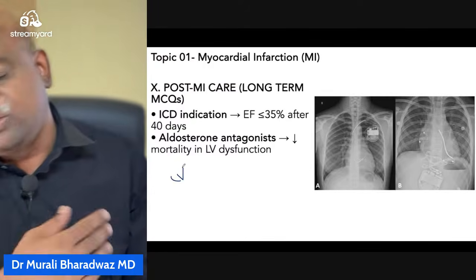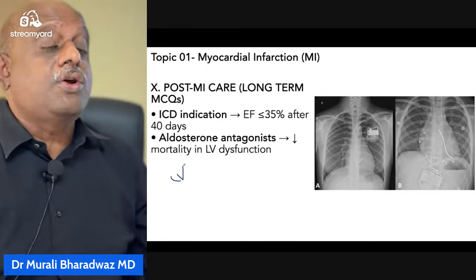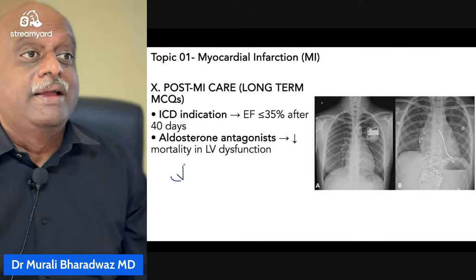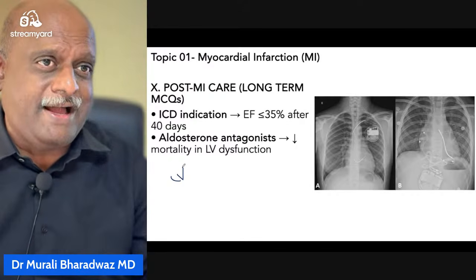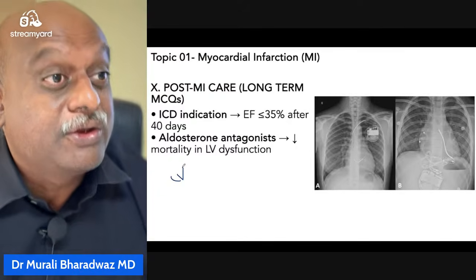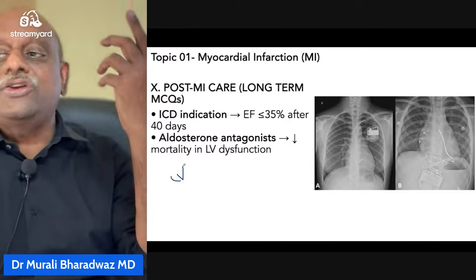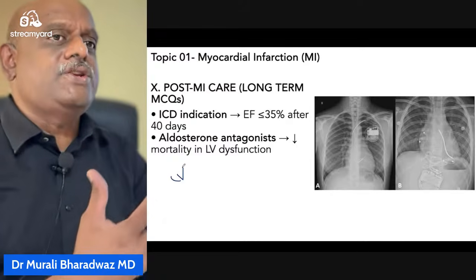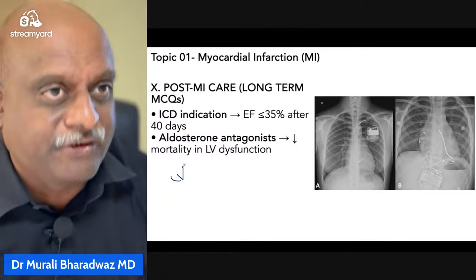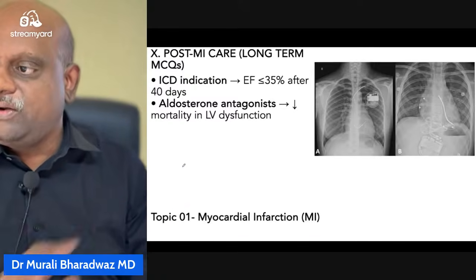Increased angiotensin 2 will stimulate the adrenal to release aldosterone, and aldosterone will lead to retention of sodium, retention of water, and worsening of the edema. You have to break that cycle somewhere. So you give an aldosterone antagonist to counter that increased aldosterone state in case of LV dysfunction and MI, is what you need to remember.